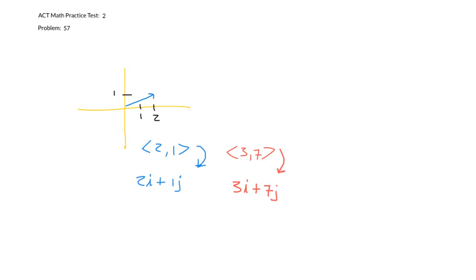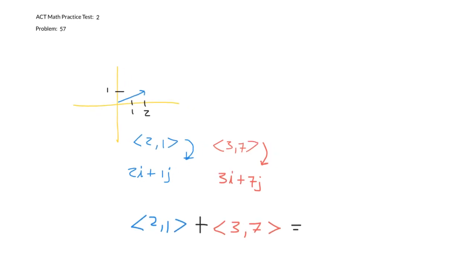Well, super easy. We're just going to set them up right now so that we can add them. And all you have to do is add the first two values, 2 plus 3, and it's going to be comma 1 plus 7. That's all you have to do.